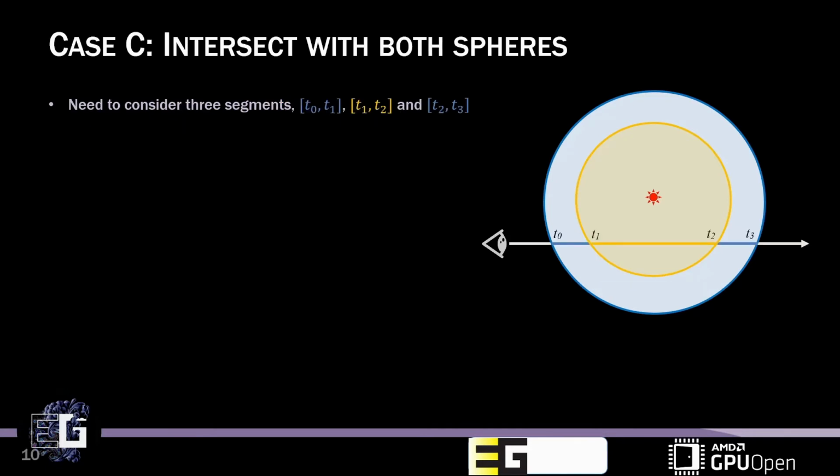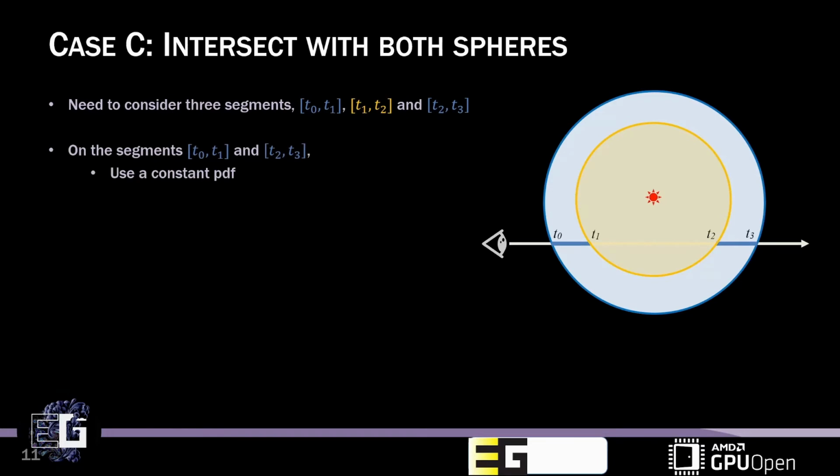And finally, case C: intersect with both spheres. This is the most complicated case to compute. In this case, in order to decide the sample location on the ray, we need to consider 3 segments: between T0 and T1, between T1 and T2, and between T2 and T3.